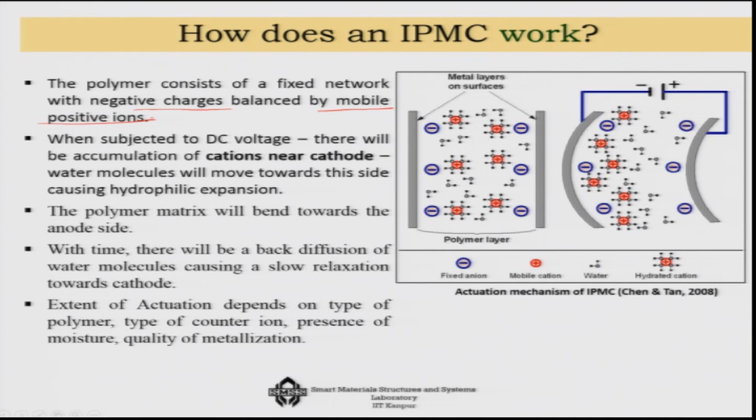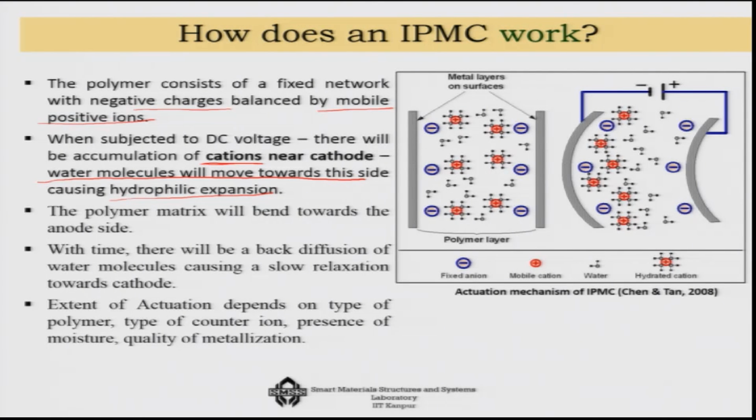Whenever I subject this system to DC voltage, these cations, the mobile positive ions, will go towards the cathode, and water molecules, mostly H plus and OH minus, will move towards this side, causing a hydrophilic expansion of one of the sides.